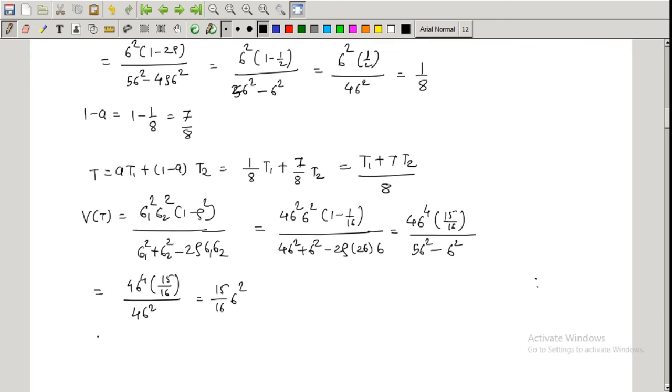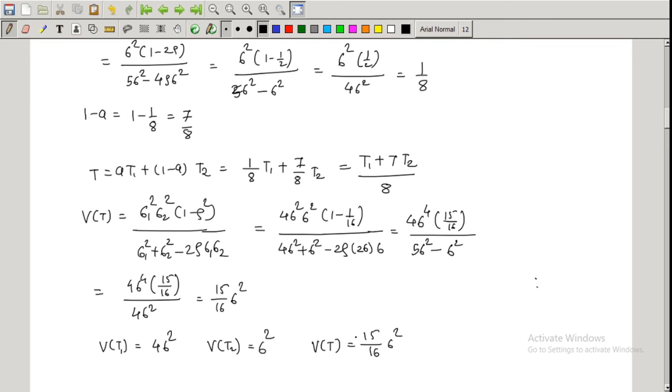If we see, variance of T1 has the formula 4 sigma square. Variance of T2 has the formula sigma square, and variance of T has the formula 15 by 16 sigma square.